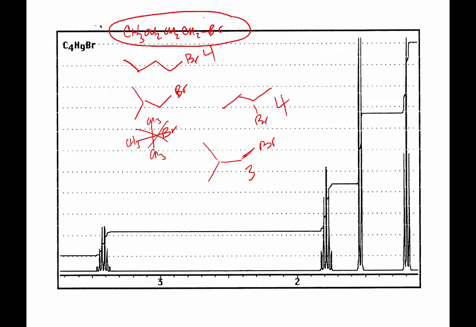For that one, what would we pick first? What would be the number of peaks and the coupling pattern for the methyl? Is it going to be a singlet, doublet, triplet, quartet, or more than 4, which I call a multiplet? What's the CH3 going to be?